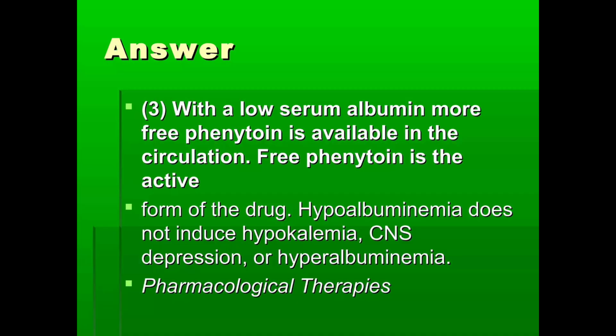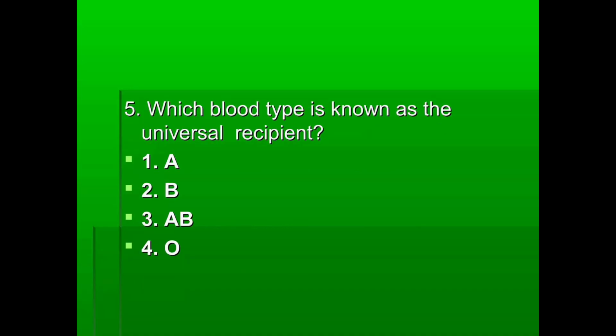With the low serum albumin, more free phenytoin is available in circulation. This free phenytoin is the active form of the drug. So hypoalbuminemia does not induce hypokalemia, CNS depression, and also hyperalbuminemia. So that is something you need to have at your fingertips.